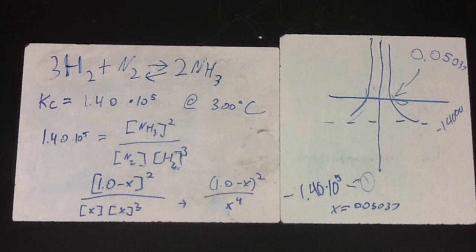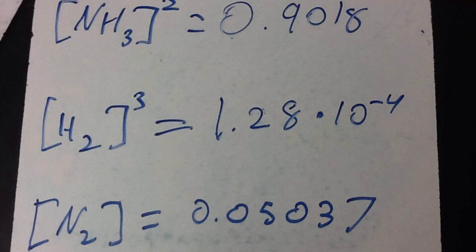So, we take our expressions from the ICE table, plug them into the formula for Kc, and solve, and we get that X is equal to 0.05037. Now, knowing that, we can find the concentrations of the other gases at equilibrium.